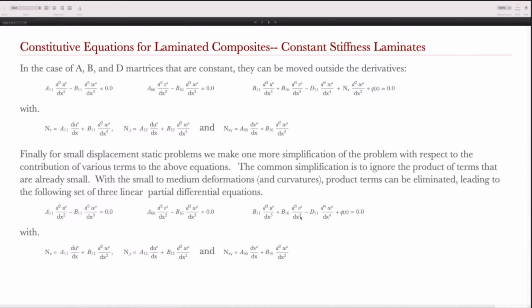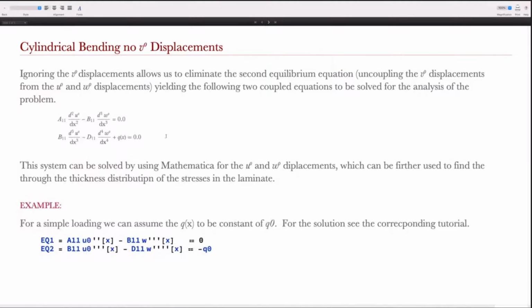But I'm going to assume that this plate is between two, say, rigid walls in the y direction, so the V displacement is 0 everywhere. And that will get rid of this term here and this term here, and that will leave these two equations.